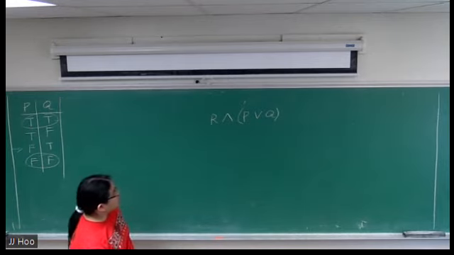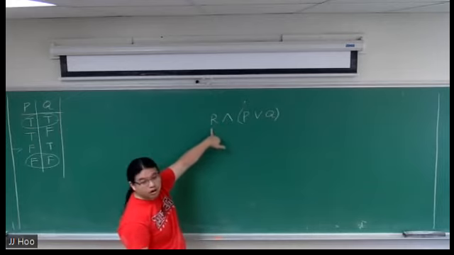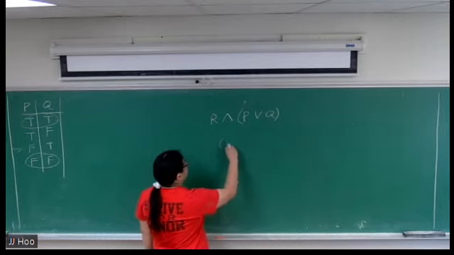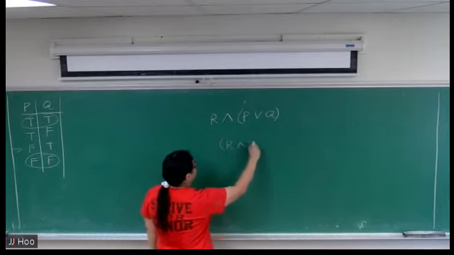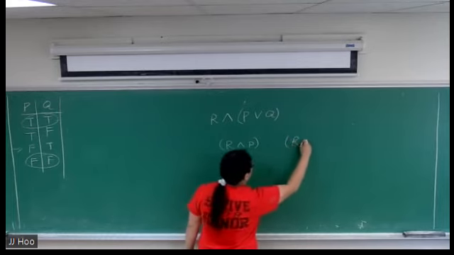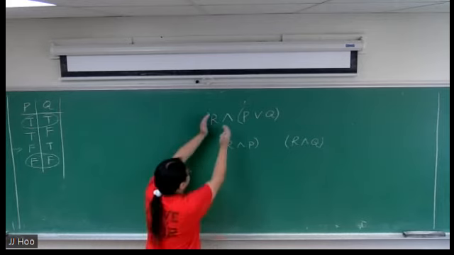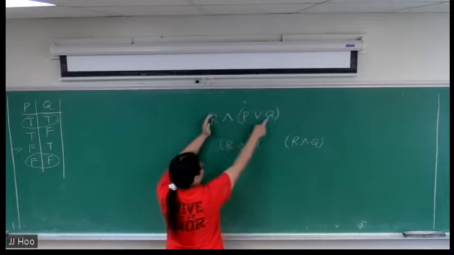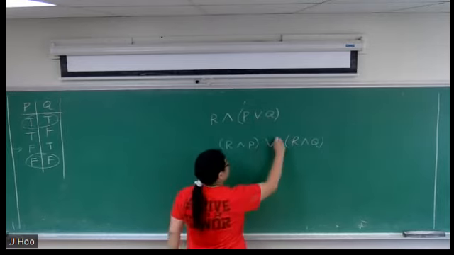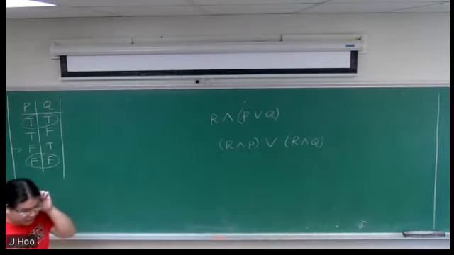You can almost see that this 'and' symbol always goes with the R. So maybe I'm finding some way to combine R and P with R and Q, almost like foiling. The question is what happens with this one, and that's the one that goes inside.